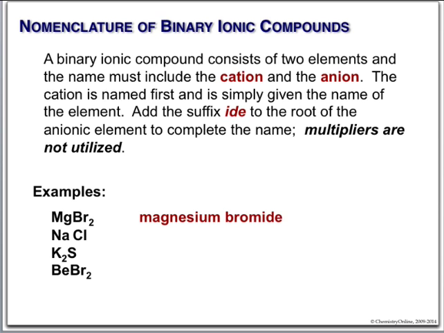You don't use a multiplier to say that there are two bromines, just do bromide. One sodium, one chlorine. Sodium is the cation. Chlor is our root here, and we will simply add IDE and make it chloride.